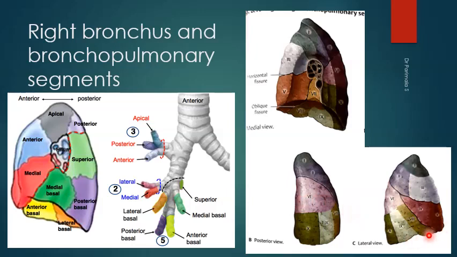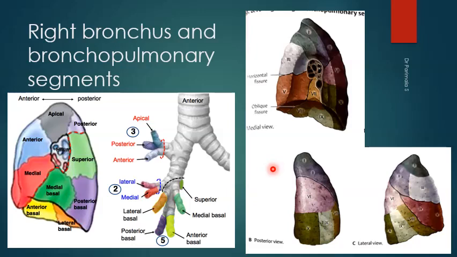Then 7th, 8th, 9th. This is the 7th. 7th is nothing but the medial basal, and 8th is nothing but the anterior basal. 9th is nothing but the posterior basal, and 10th is nothing but the lateral basal, right? So these are the 10 bronchopulmonary segments which are seen on the right side.